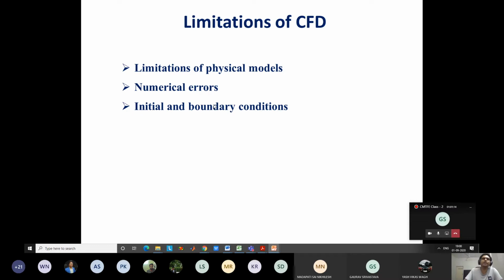I cannot take an infinite number of threes, so I have to stop somewhere. A computer may stop after 16 digits, or it may stop after 8 digits. So always there is some inaccuracy. 1/3 is not equal to 0.3333 up to 8 digits. In the 9th digit there is an error.